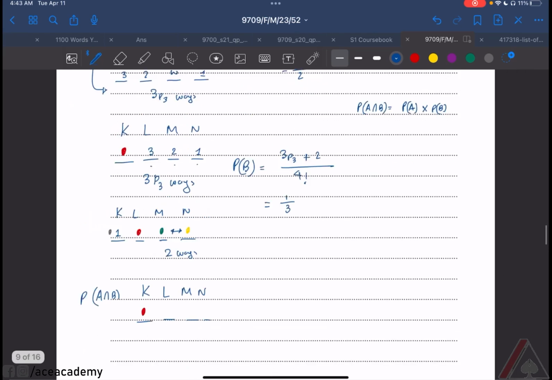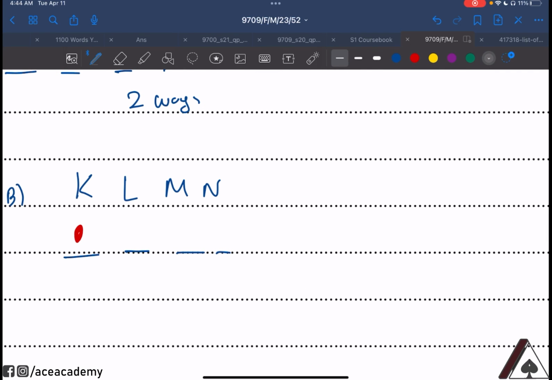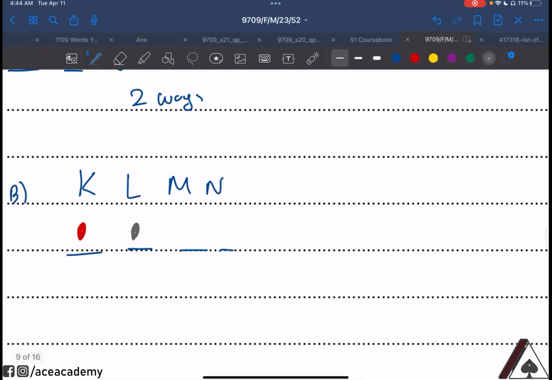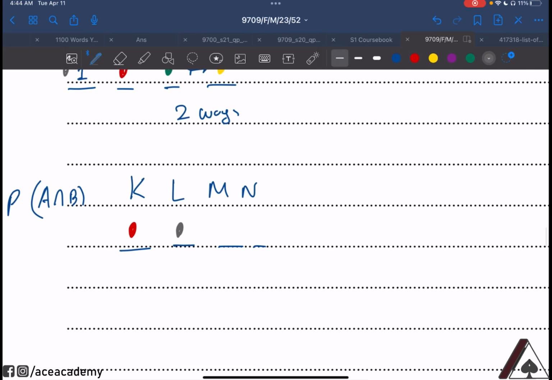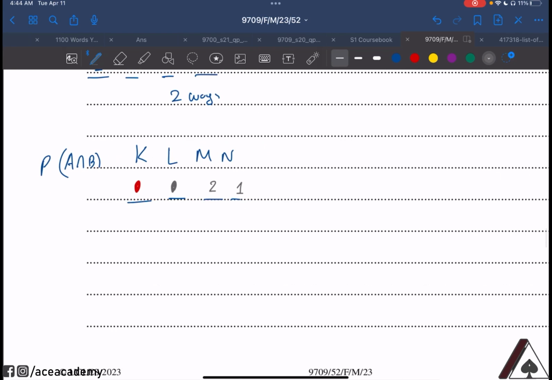And the white marble would be in here, for example, and then the other two marbles would be arranged in 2 into 1 ways.